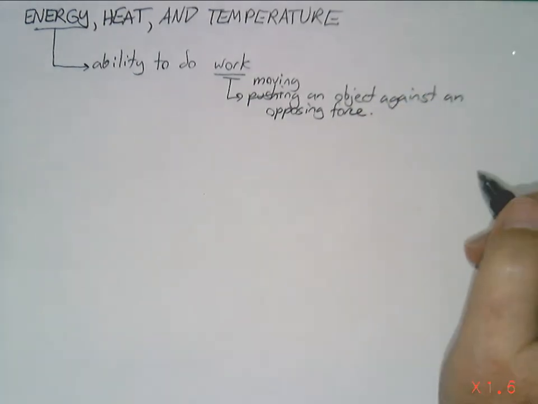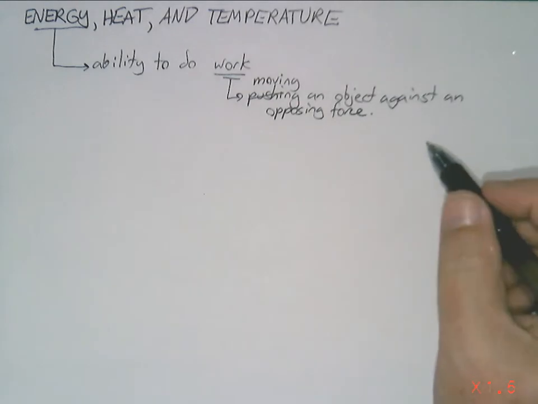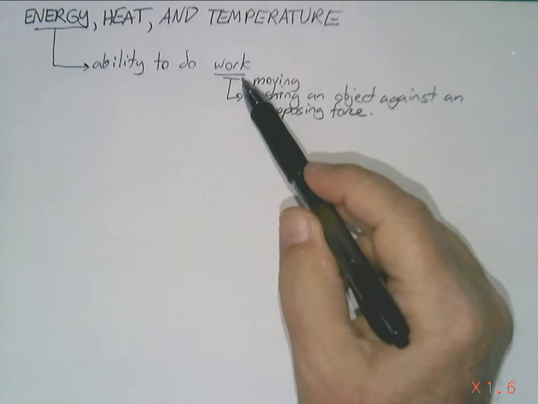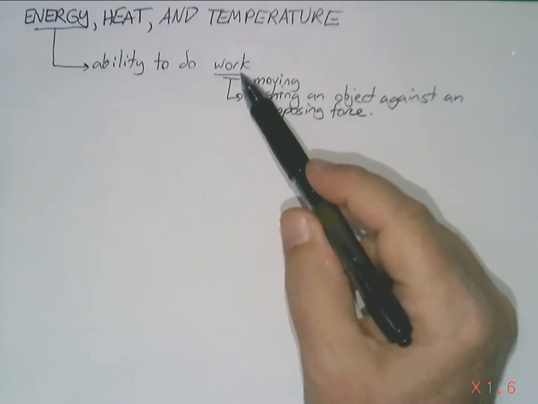So if I'm lifting a weight, the opposing force is gravity, and I'm moving it against that opposing force, so I am doing some work. If I have some energy, I am able to do work. If I did not have energy, I wouldn't be able to do that.